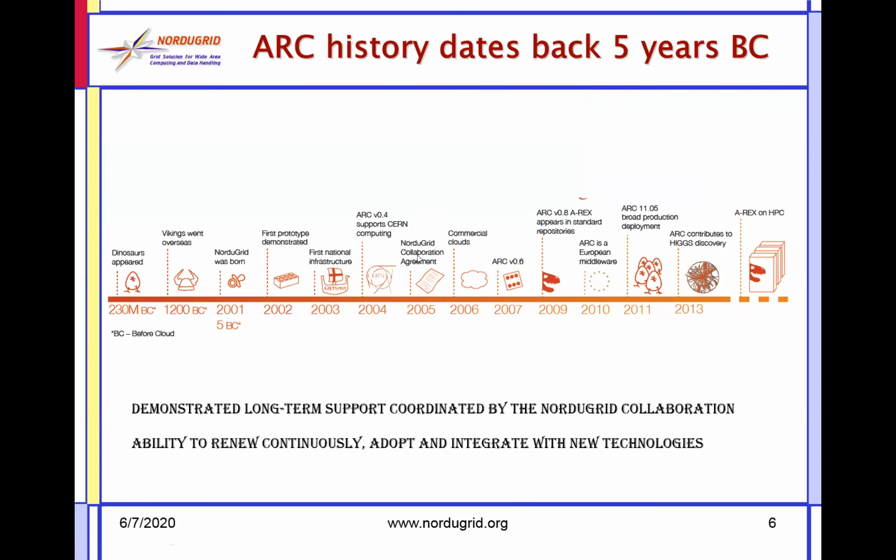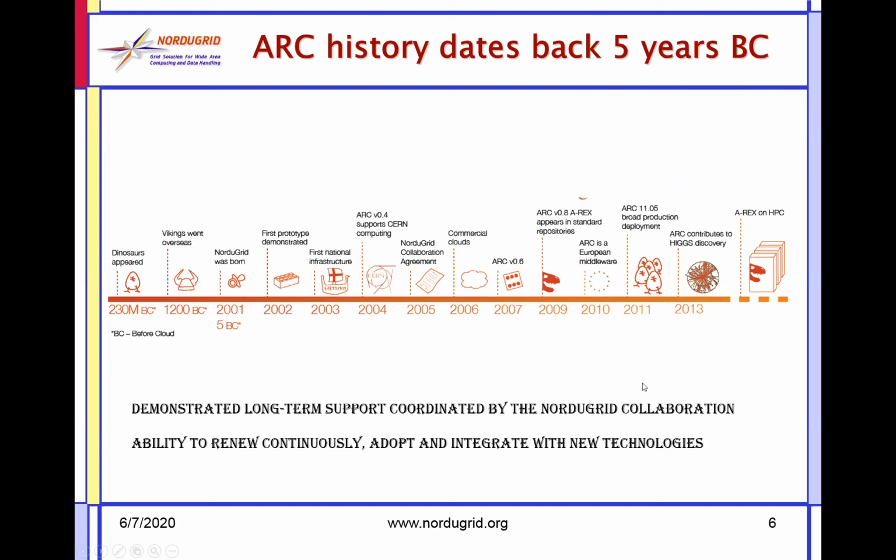A little bit of history on this slide. We used to make a joke that ARC, or the Nordic collaboration, has been around 5 years before BC. And BC in this case means before the clouds appeared on the surface. So the collaboration was born in 2001, which is like 5 years before clouds.